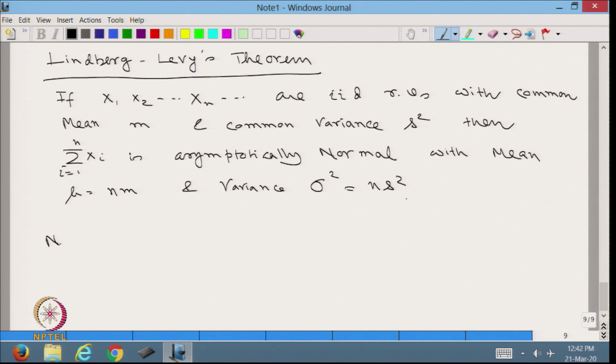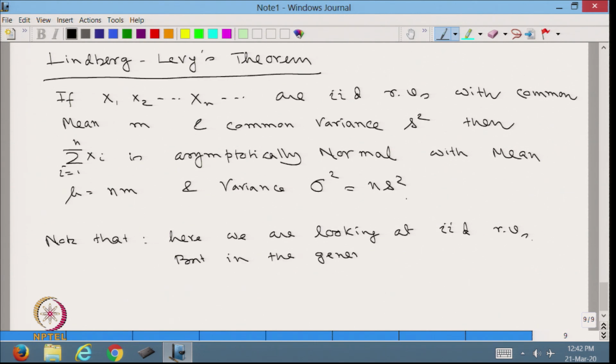So, note that here we are looking at IID random variables, but in the general statement the only restriction is that the xi's are independent.